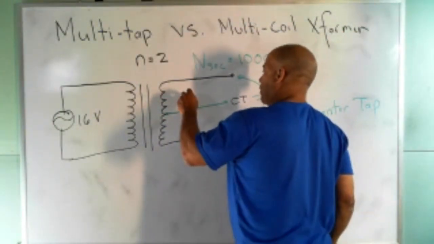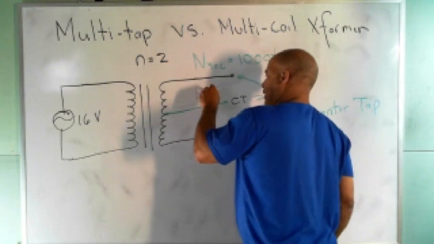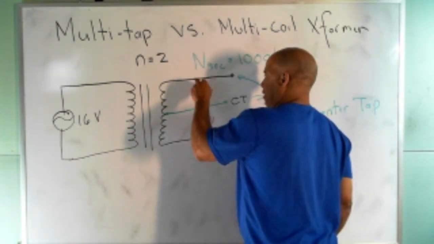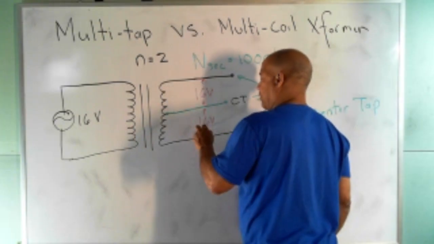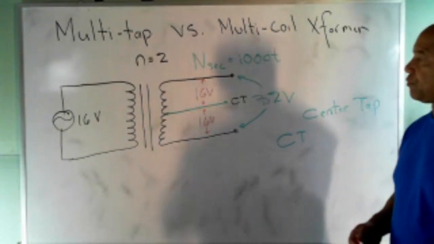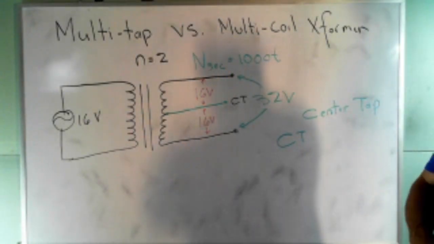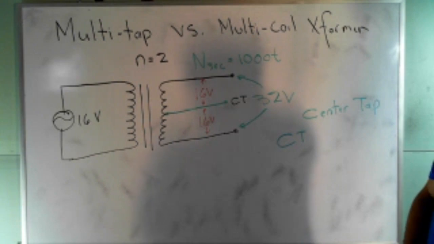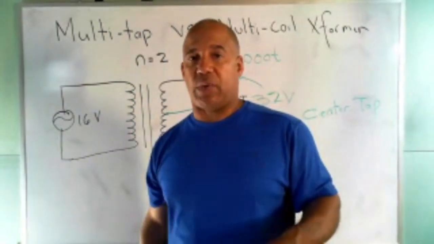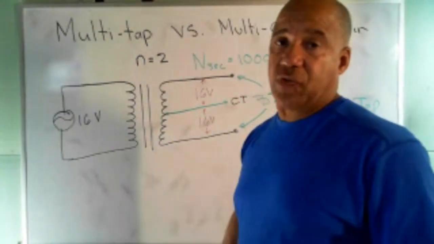And then you have this one that's 16 volts, and this one that's 16 volts, from there to there, or from there to there, if you center tap it. And so many transformers are center tap. As a matter of fact, the one that we use when we get to the lab, our transformer lab, it's a center tap transformer.